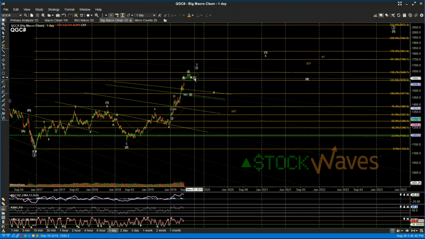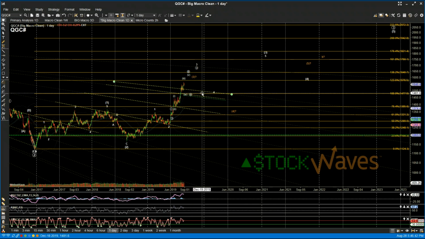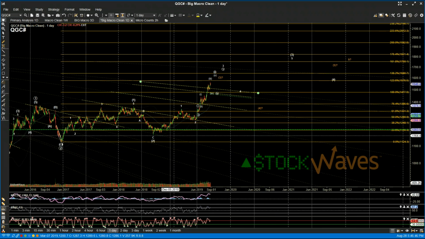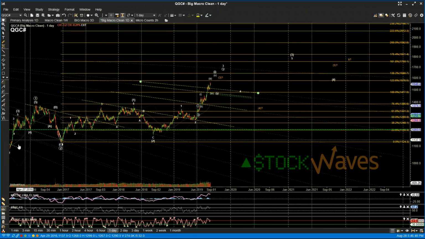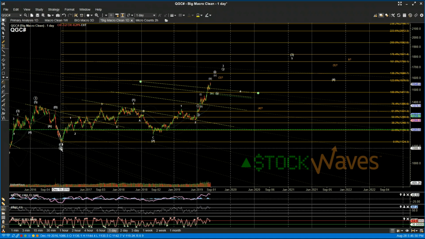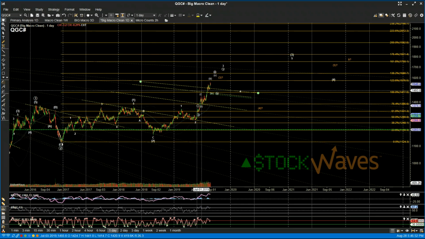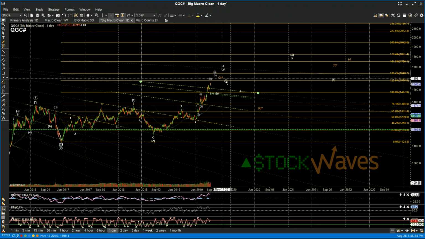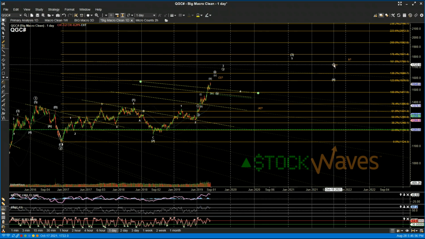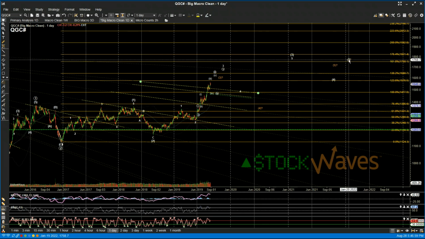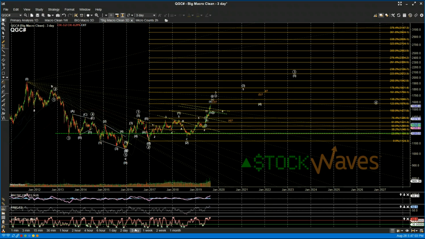The other thing that Garrett and I are starting to be a little bit concerned about based on the price structure is that this might have been an A wave, and this is a B wave, and this is 1, 2, and then 3 of a diagonal. We get a fourth and a fifth wave that's completing a larger degree B wave that will set up for more of a flat consolidation, instead of this being all of the wave 2 or the wave 4 in the 2015 low.